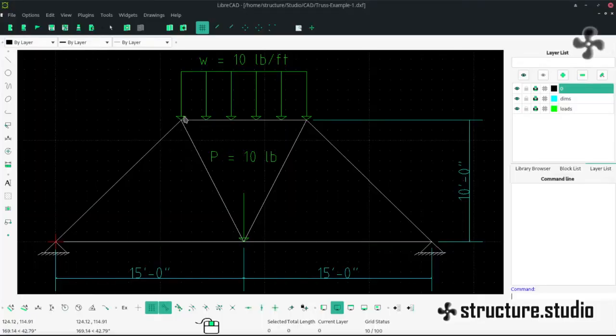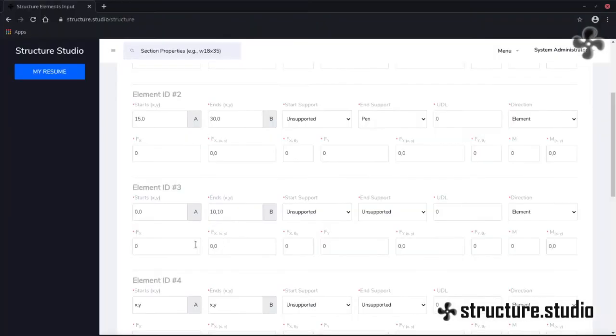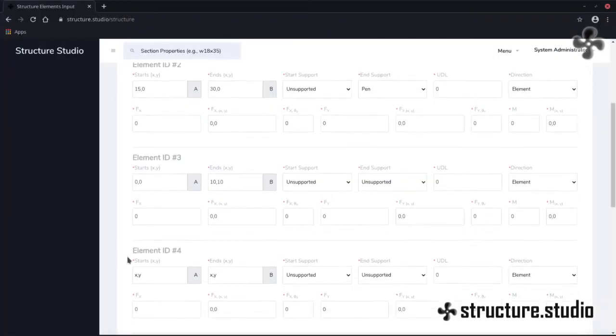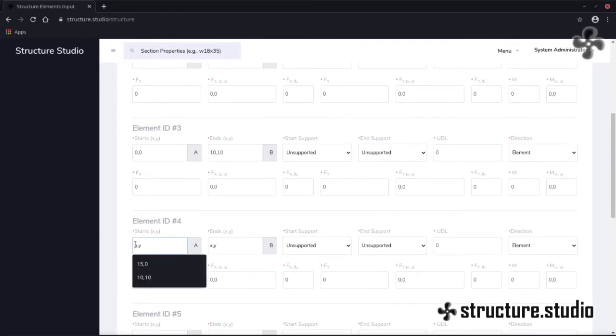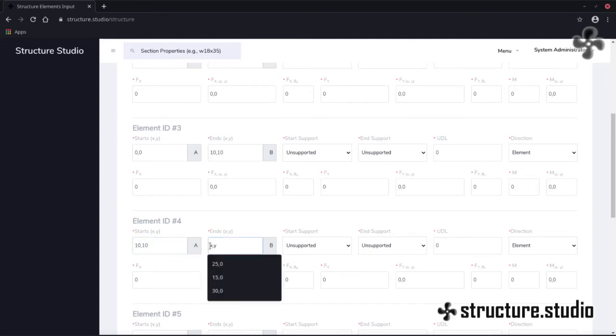Now we move on to this node right here. It starts at 10, 10 and ends at 15, 0. Element number 4 starts at 10, 10 and ends at 15, 0.